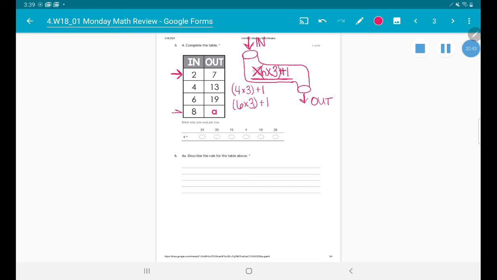So now I've got to find what's missing, or the value of A. So I'm going to drop in an 8. 8 times 3 is 24, plus 1 is 25. A equals 25. So my rule is multiply by 3 and add 1.